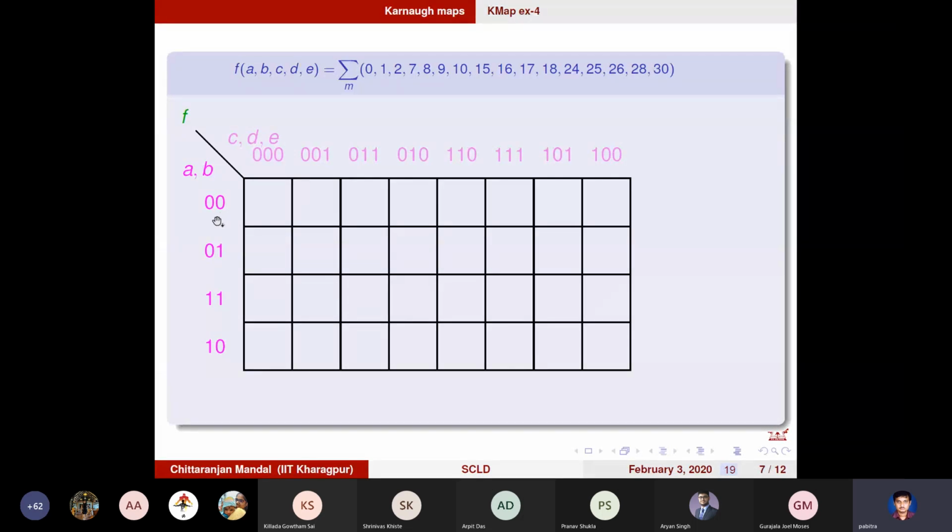If you look at the rows, AB rows, I think this pattern is same as the previous. Can you tell something? What is the order in which I have written the CD columns, and that it's easy to verify that any two adjacent cells differ by just one variable. That's easy to verify. I have written it that way. So can you tell anything about the order of the variables 000, 001, 011 that has been written along the columns? That is the CD variables.